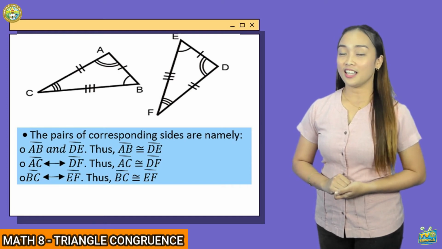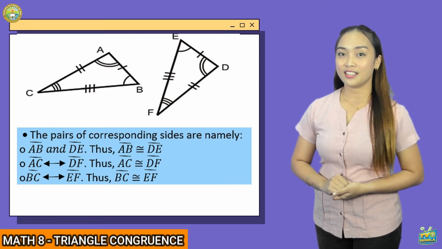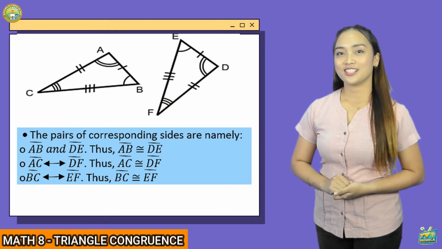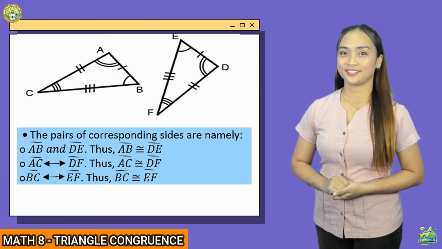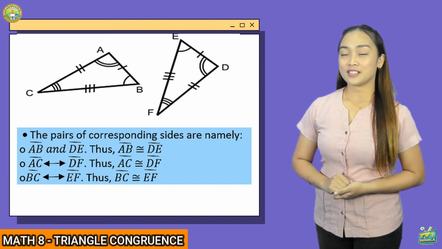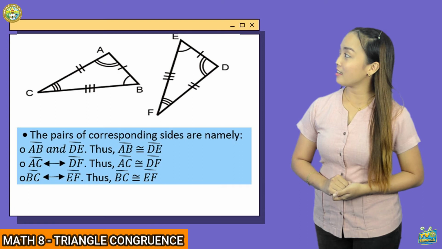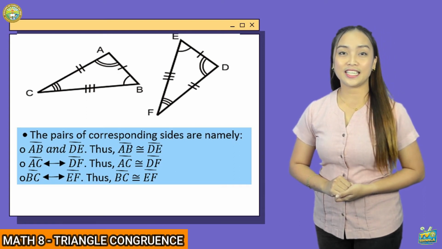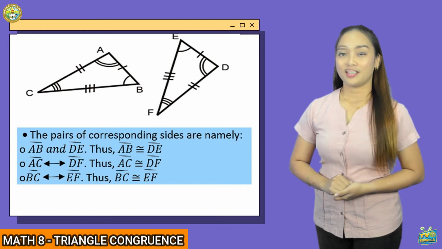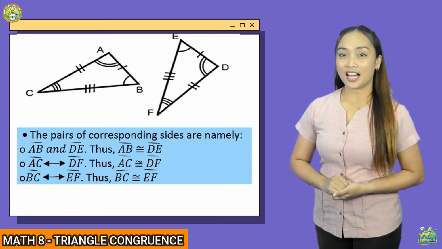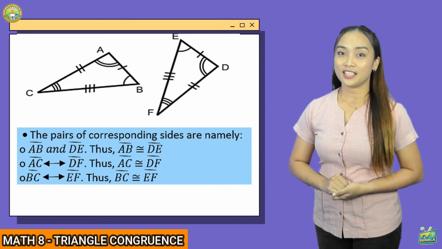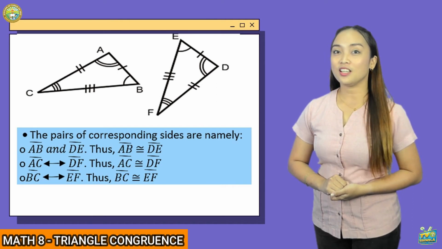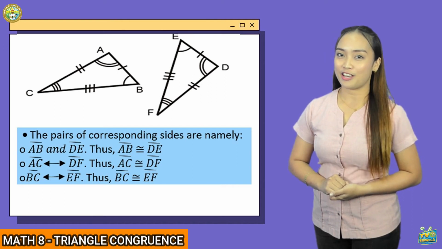Thus, line segment AC is congruent to line segment DF. Line segment BC corresponds to line segment EF. Thus, line segment BC is congruent to line segment EF.